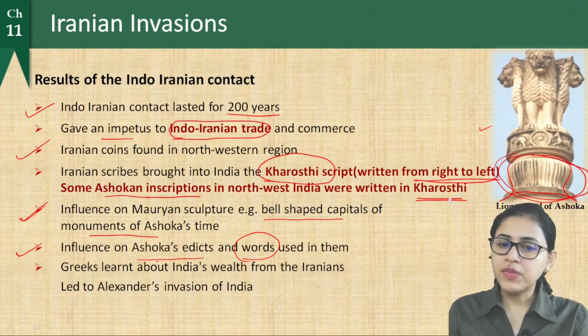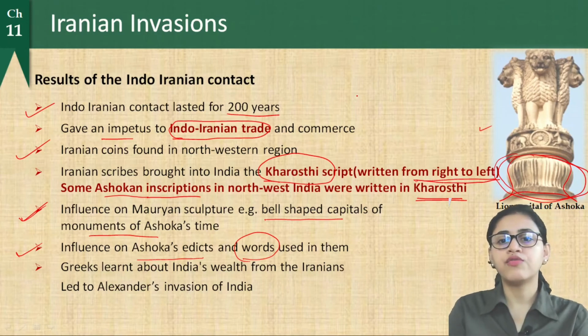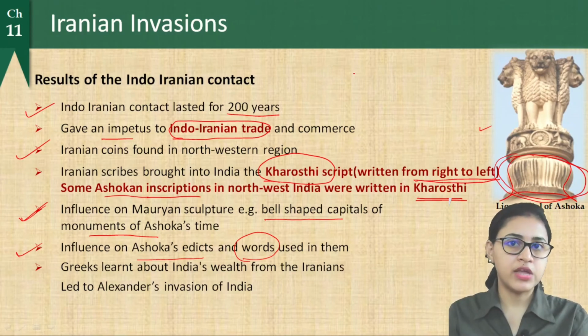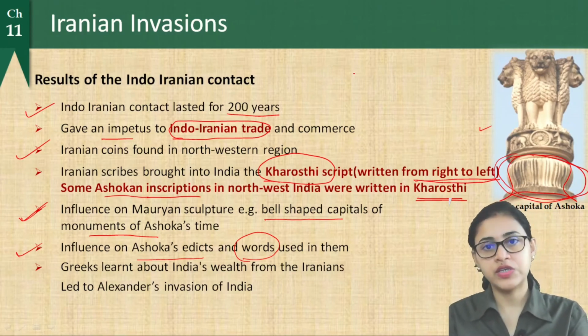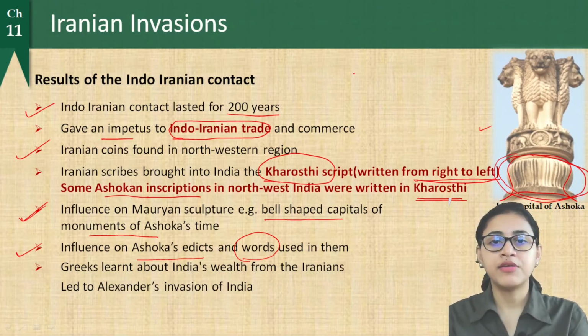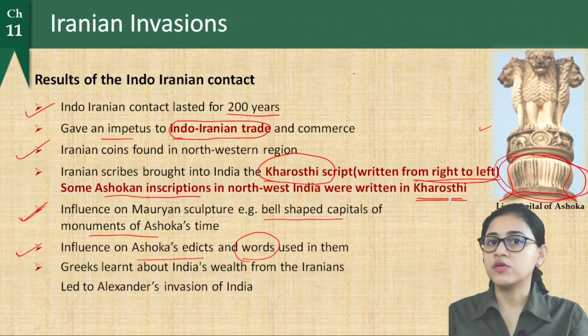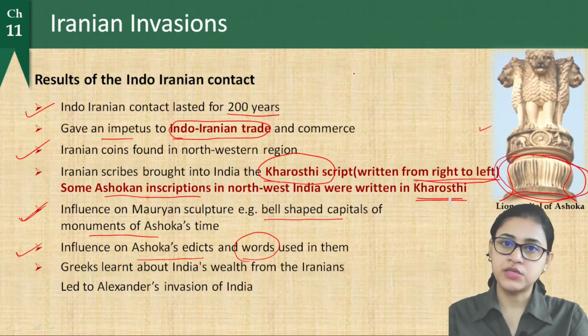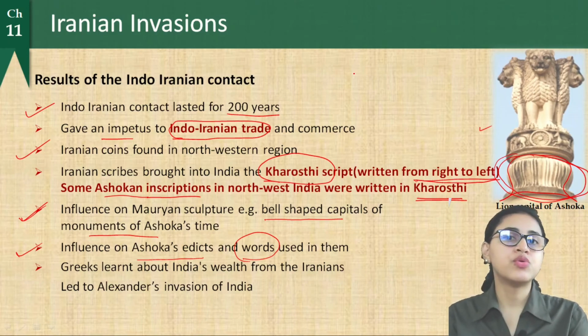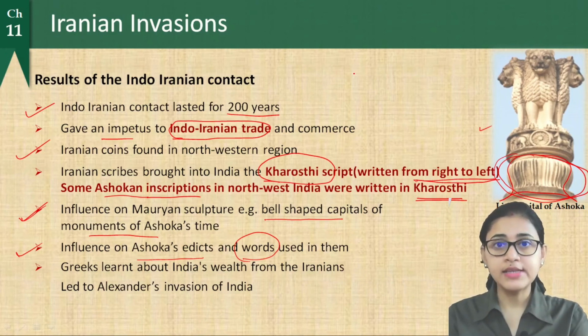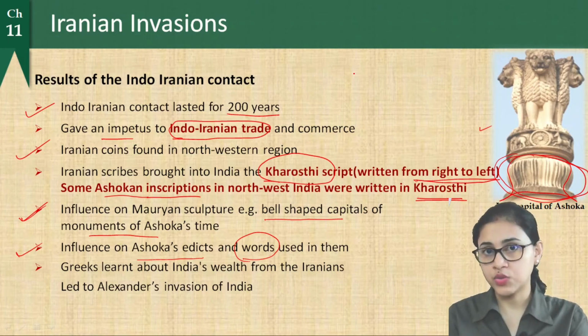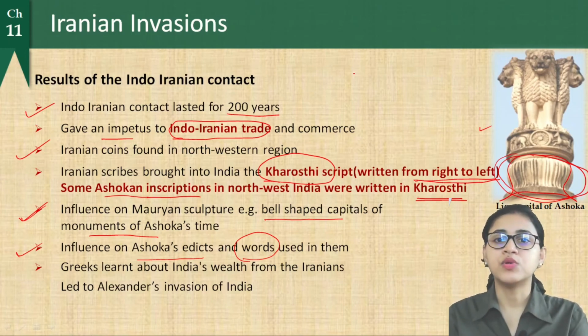Now, when we talk of Cyrus or Darius I, from these invasions of the Iranian rulers, the other foreigners like the Greeks, or the rulers of the Macedonian Empire, came to know about India. They came to know about India's riches and wealth, and they were tempted to march towards India.